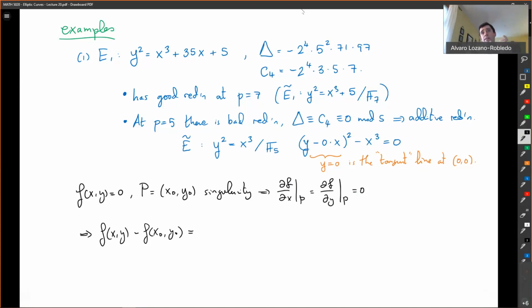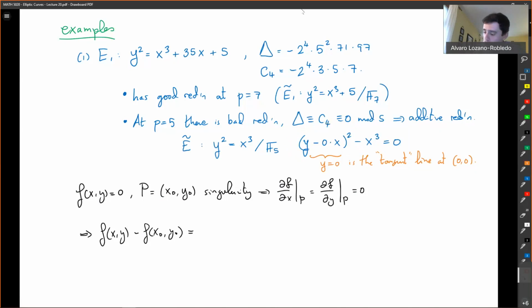What that tells me is that the linear terms of the expansion vanish, and I get just quadratic and cubic terms in x and y. The quadratic terms you can factor, like I did here, and that tells you what the tangent lines at the singularity are.